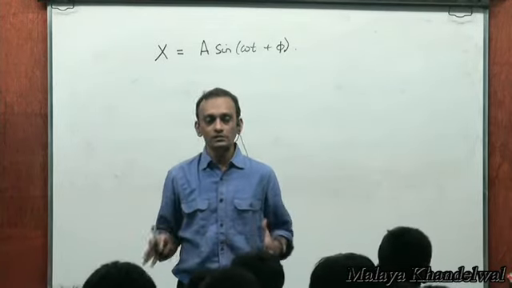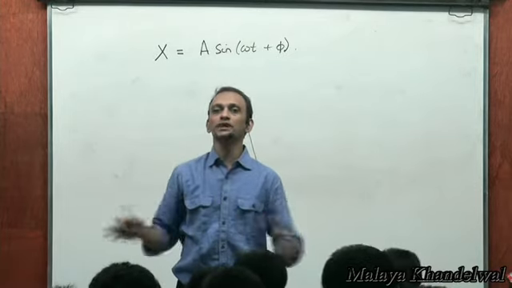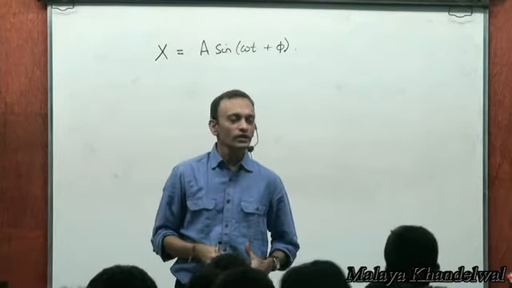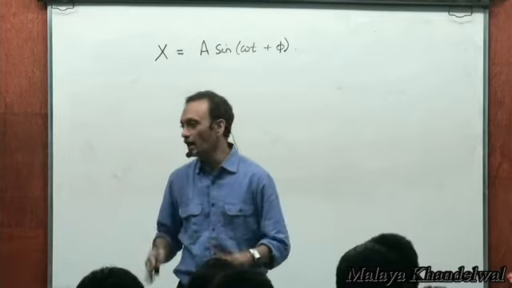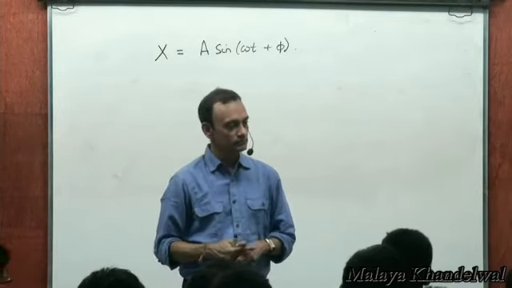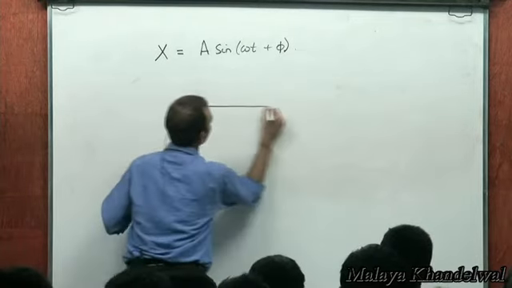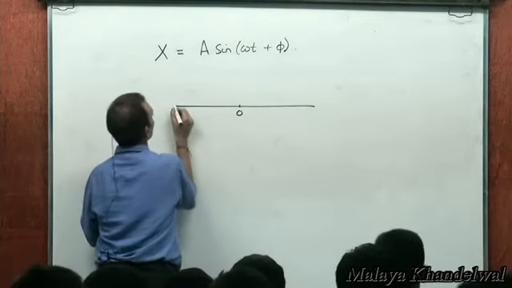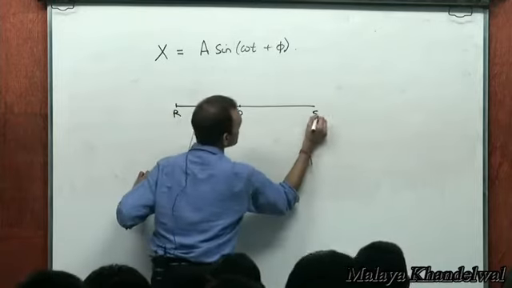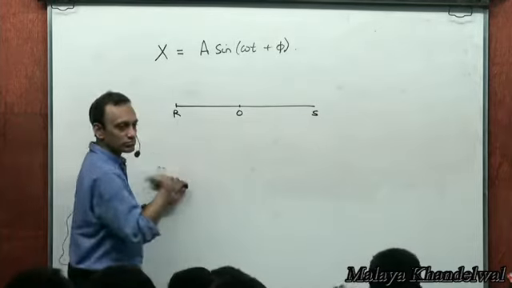A particle was executing simple harmonic motion in a lab. There was this weird scientist carrying out this experiment in the lab. The particle was moving about between R and S, the amplitude positions.